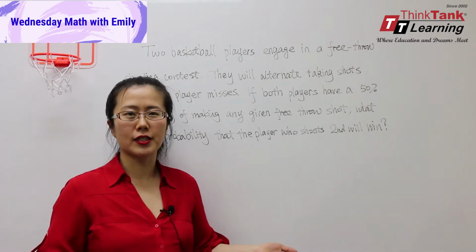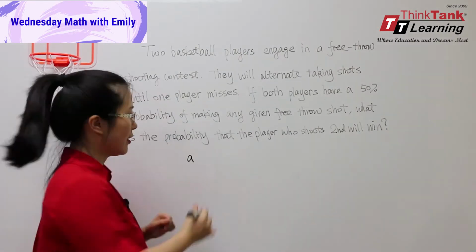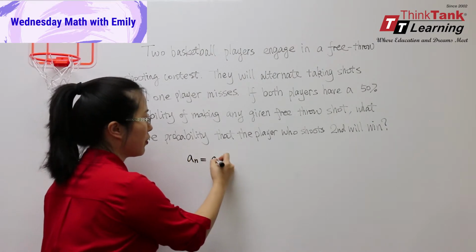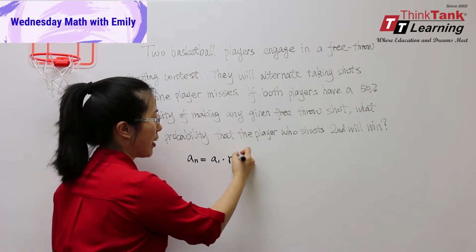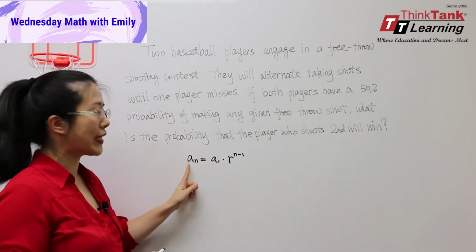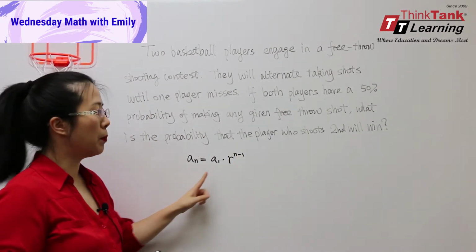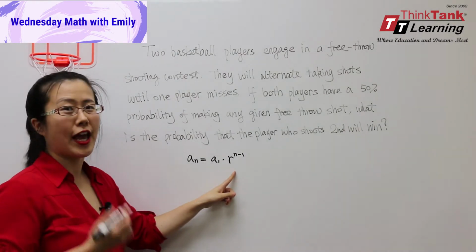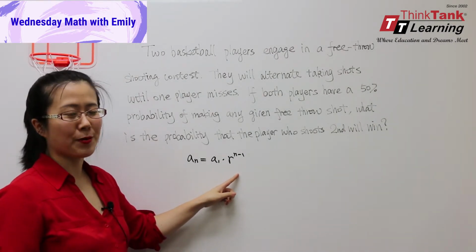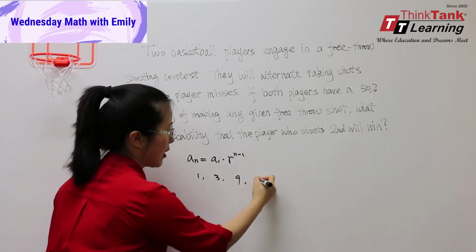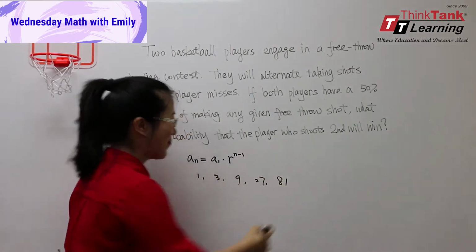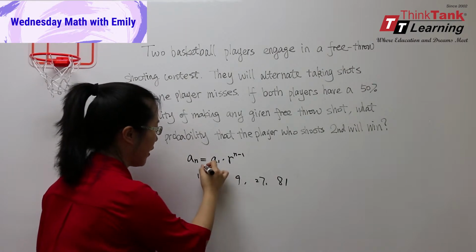And what properties does a geometric sequence have? The nth number equals the first number times the common ratio to the power of n minus 1. Because in order to get the nth number, we need to multiply by the common ratio n minus 1 times. For example, if I have the set of numbers 1, 3, 9, 27, 81, the common ratio is 3.